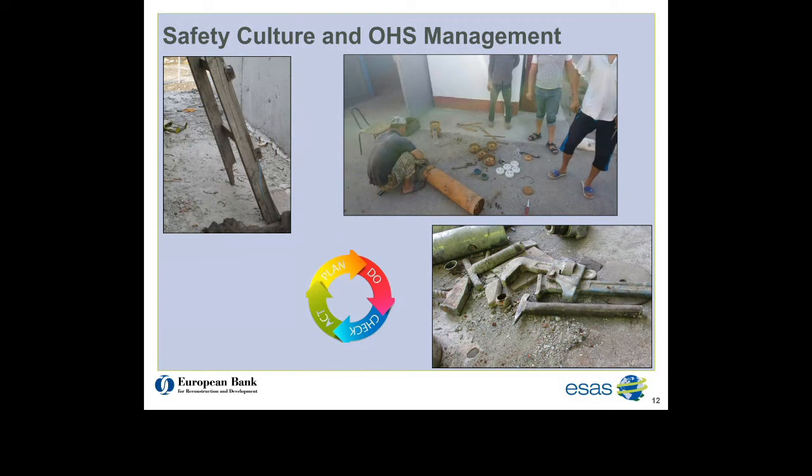Thank you, Stuart. As you can see from the photos, it was obvious when we arrived on site that safety culture is poor. Personal protective equipment is not routinely used, and tools are often homemade and in poor condition. There is no formal process of ongoing risk assessment, and there is no documented occupational health and safety management system aligned to a recognized standard, such as that of ISO 45001.